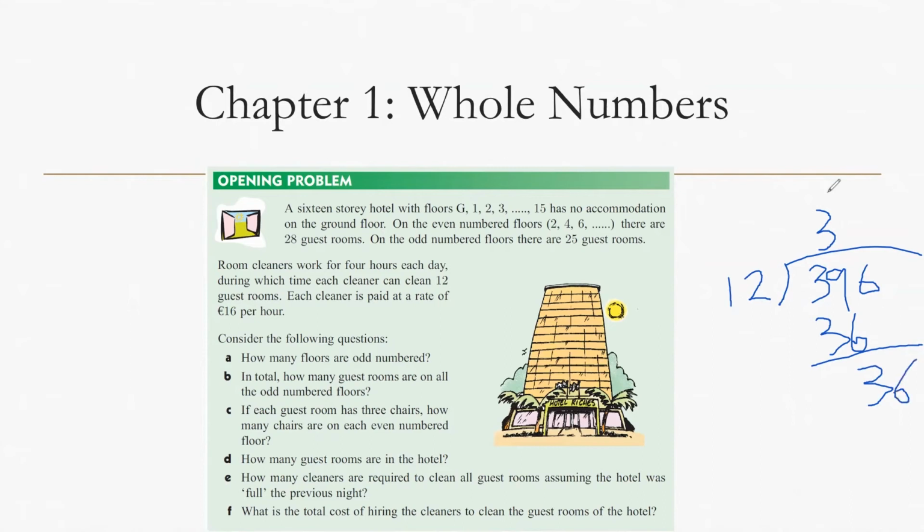Very good. So how should I answer the question in full? Therefore, how many cleaners are required to clean all guest rooms? I don't know how to say it. You can do it. Just try your best.